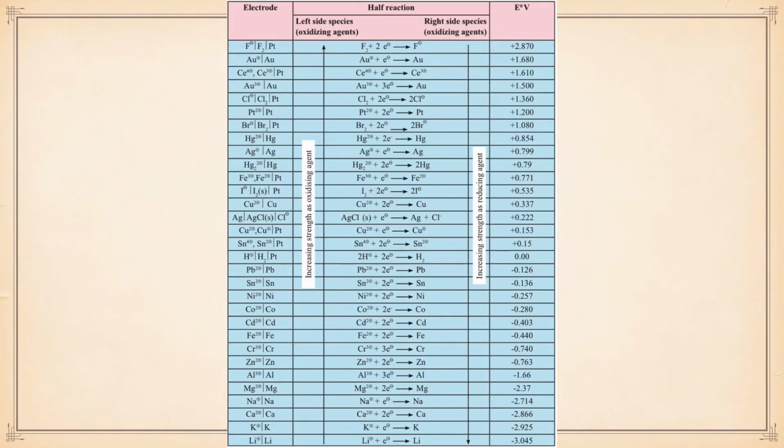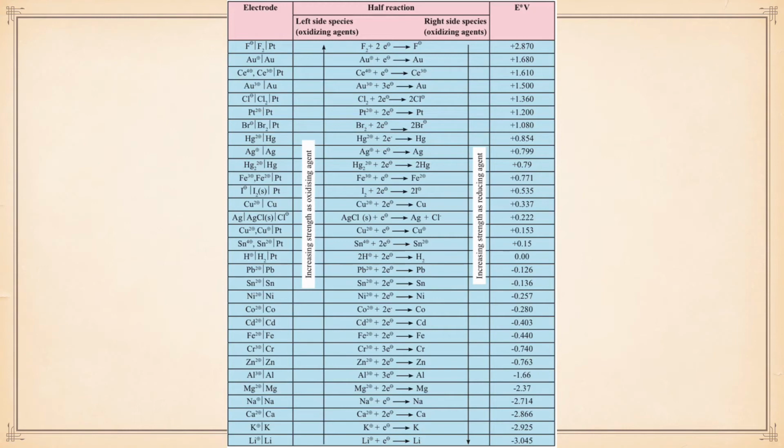If I want to select two electrodes like fluorine and nickel and keep them as cathode and anode, which one will go as cathode? Fluorine will go as the cathode because it has a high value of reduction potential, and as the reduction potential of nickel is less, it will prefer to get oxidized rather than reduced, so that will become my anode.